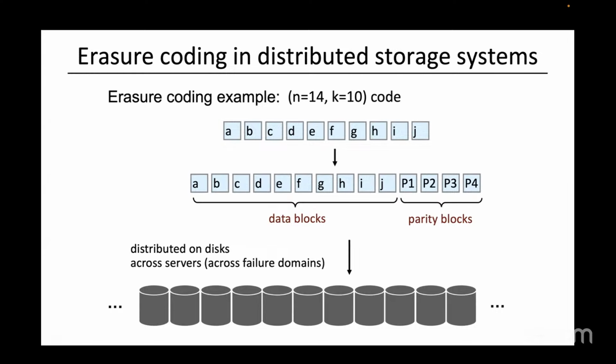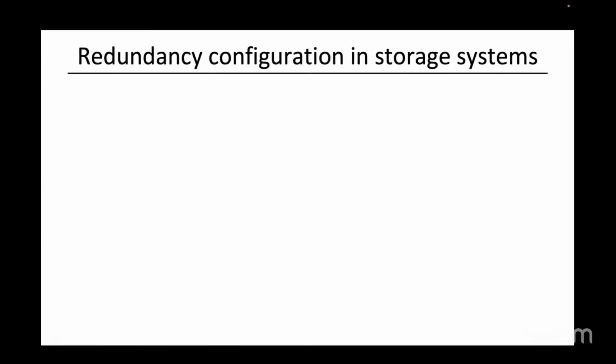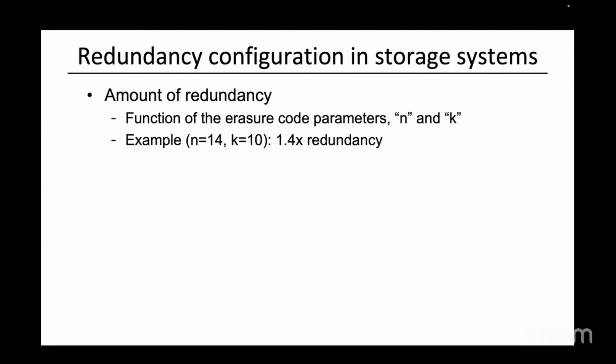Okay, so now this is the setting. How are these parameters, n and k, chosen? This redundancy configuration plays a crucial role because it determines the amount of redundancy, or in other words, the cost of the system. In this example, n equal to 14, k equal to 10, it's 1.4x redundancy, so that is 40% additional cost to store the data.